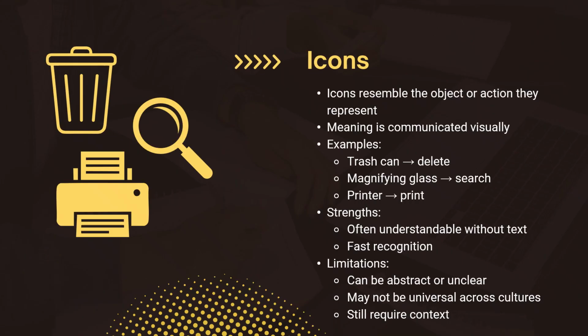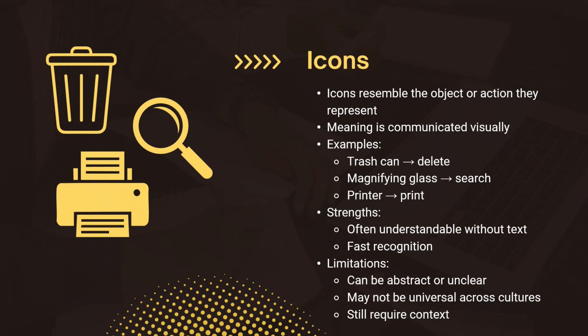An icon is a signifier that looks like the thing it represents. The connection is visual and direct. Examples include a trash can icon representing delete, a printer icon representing print, a magnifying glass representing search. Icons work because they rely on visual resemblance.